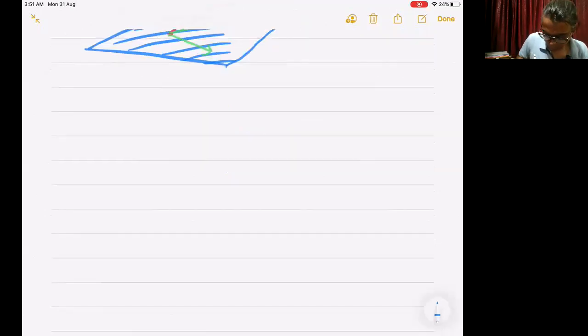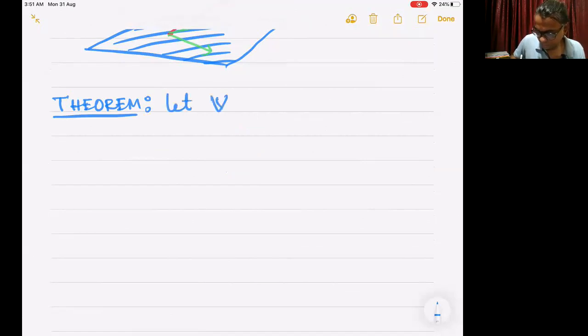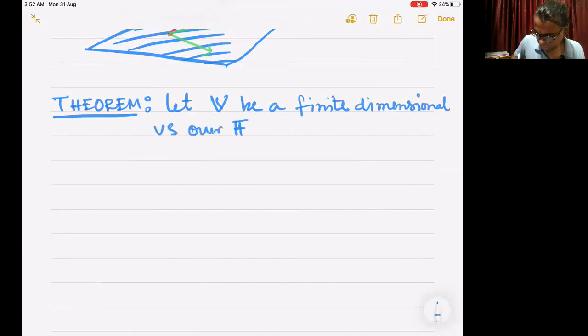First one is this theorem. Once again, simple result, but very profound. It's going to be very important for us. So let V be a finite dimensional vector space over a field F with dimension of V equal to n.